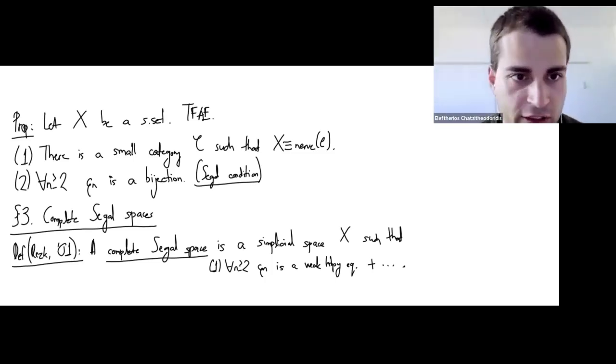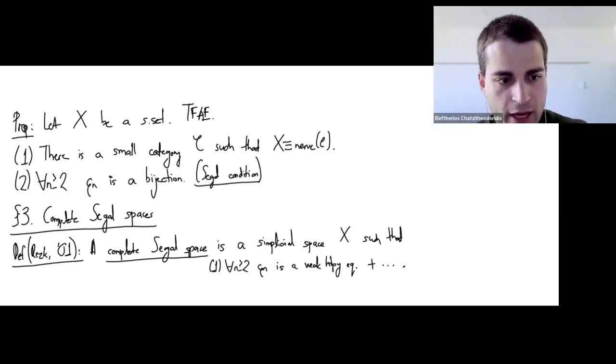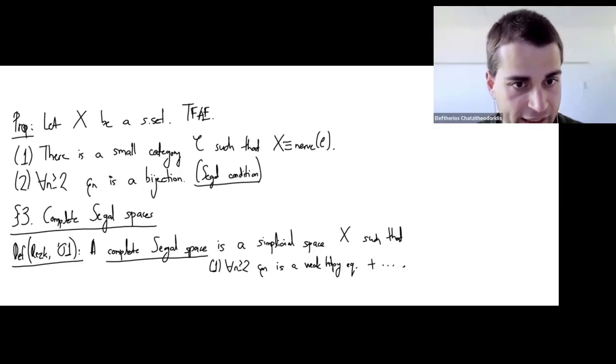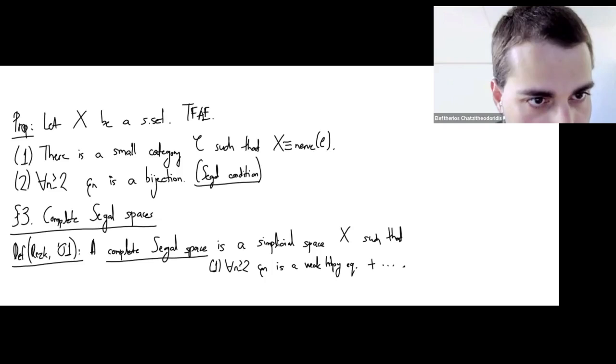And what Rezk also does in that paper is put forth a very systematic way, using model categories, to study these things. That revolves around the following theorem, which summarizes some of his main results about complete Segal spaces, Rezk 01.